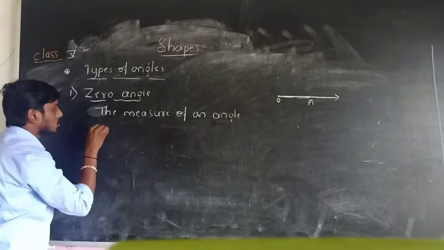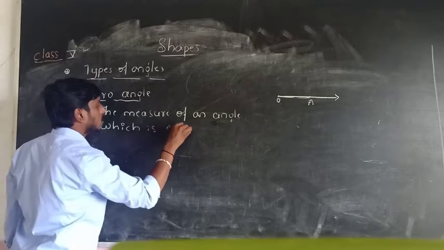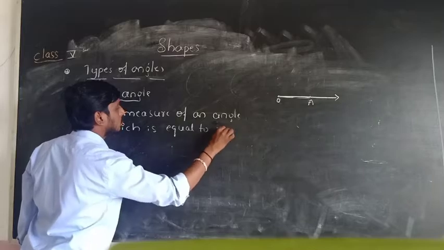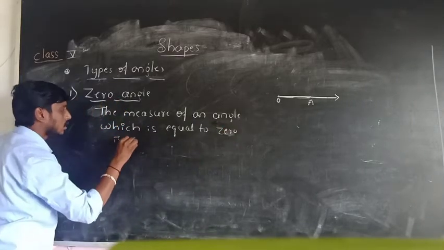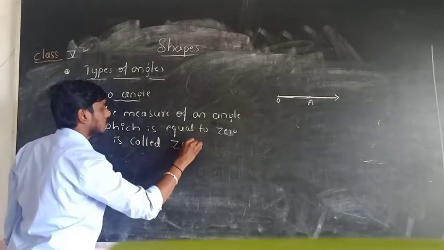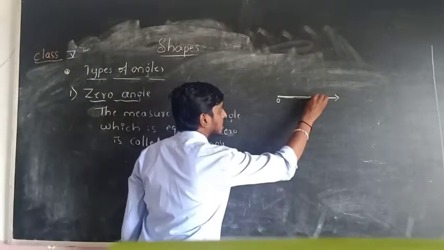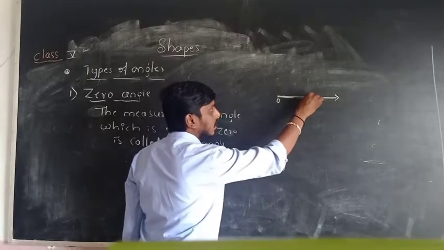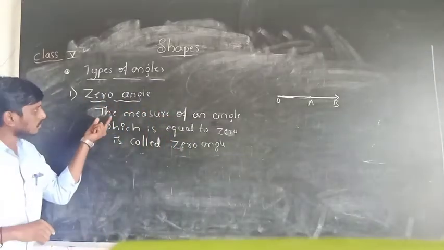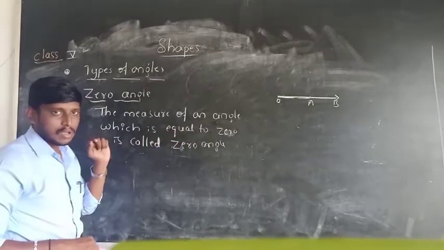So what do you mean by zero angle? One more definition: if the initial ray doesn't move any distance, it means there is no angle formed. Such angles are called zero angle. The measure of an angle which is equal to 0 is called zero angle.